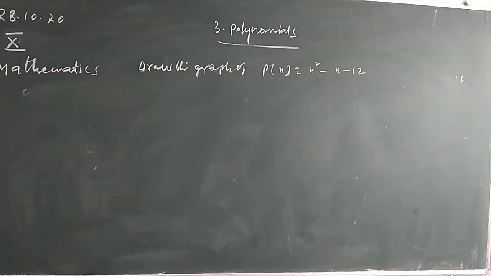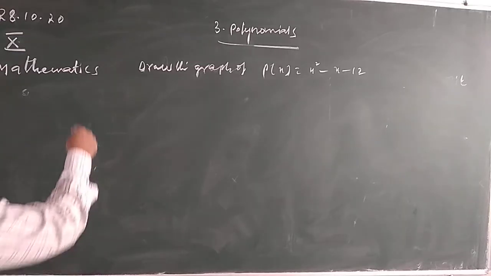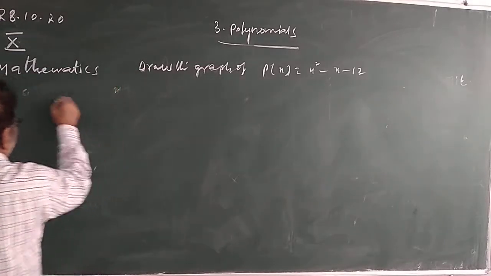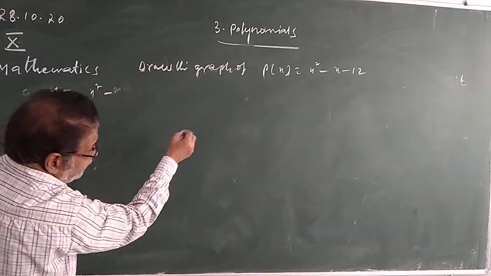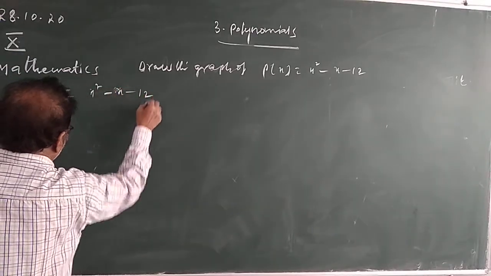You can copy this. In the same order, draw the graph of y is equal to ax square plus bx plus c, corresponding to the equation y is equal to x square minus x minus 12.